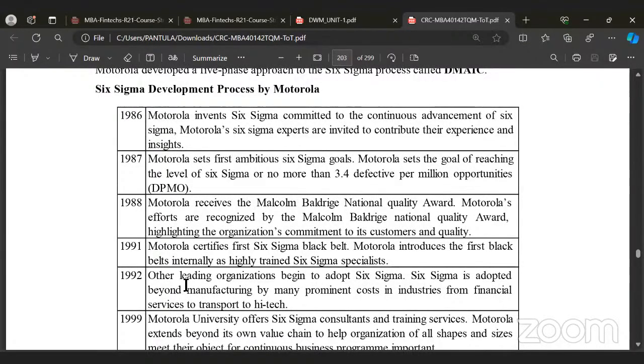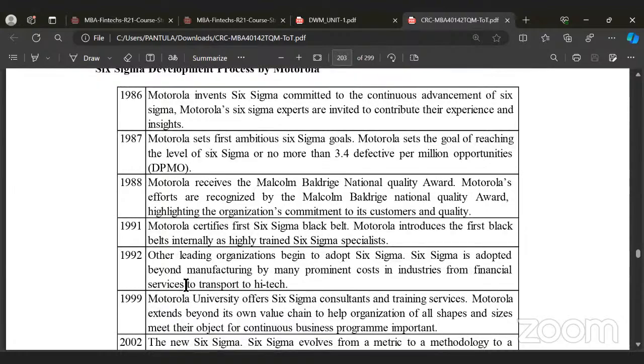Motorola sets the goal of reaching the Six Sigma level, more than 3.5 defects per million.